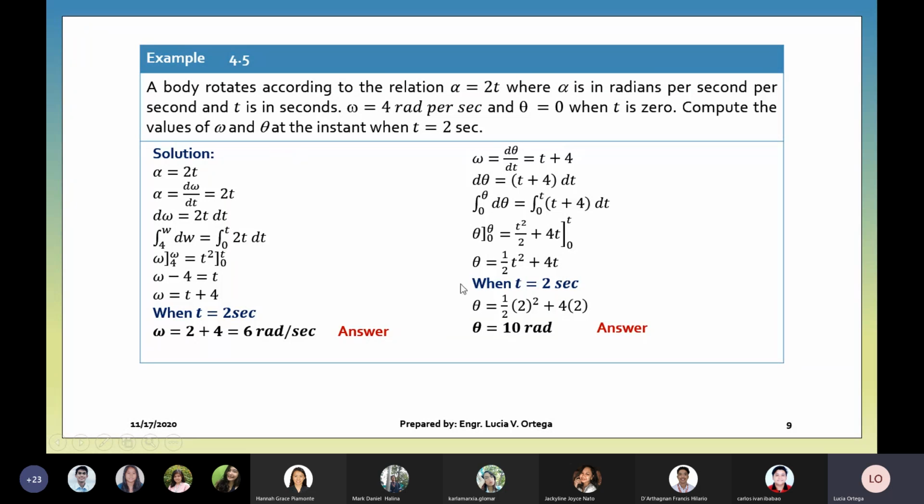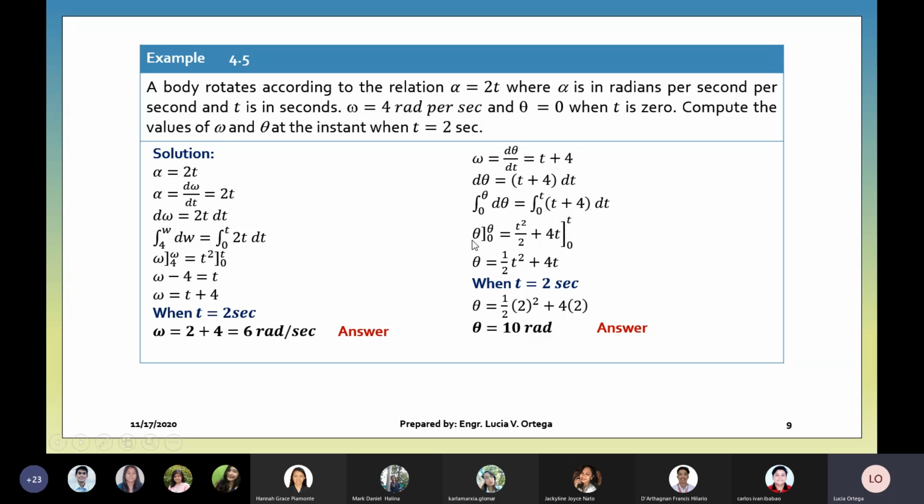From the equation, omega is t squared plus 4. We can integrate again. Omega is d theta over dt. We cross multiply to the other side, then integrate both sides. The limit of theta is from 0 to theta, and the time is from 0 to t.